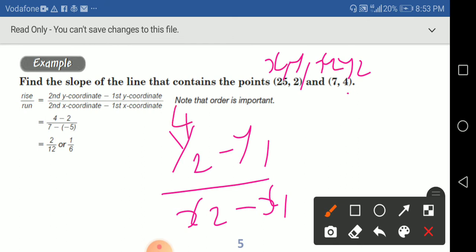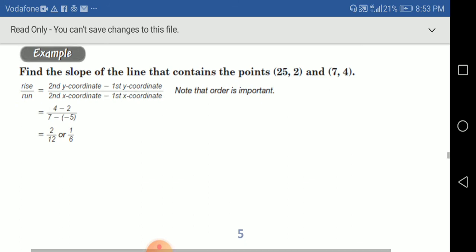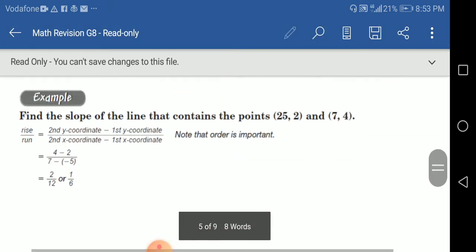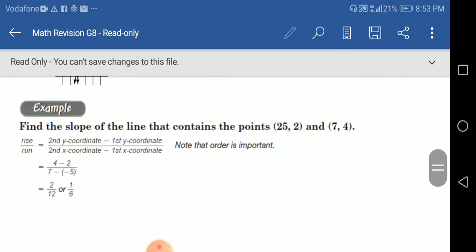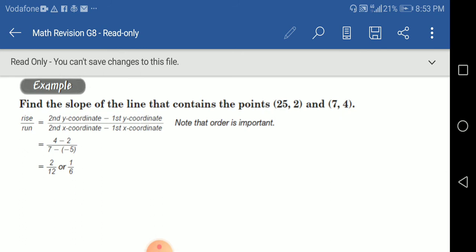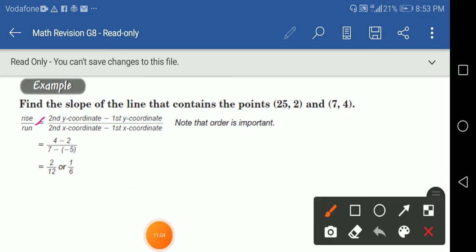Substitute 4 minus 2 all over 7 minus, instead of x sub 1, write negative 5, minus negative 5, and solve it. And remember the slope is rise over run, which means the difference in the y coordinates over the difference in the x coordinates.